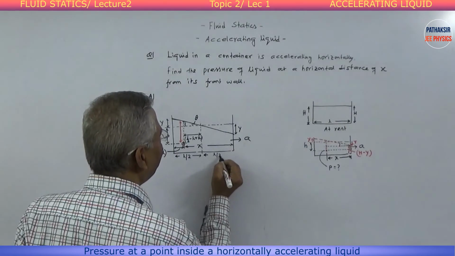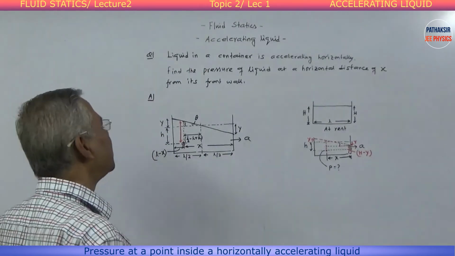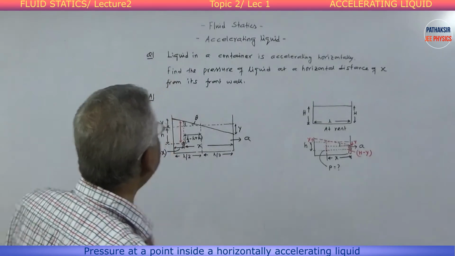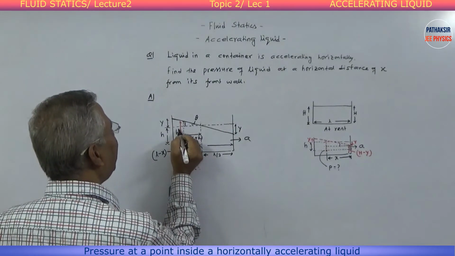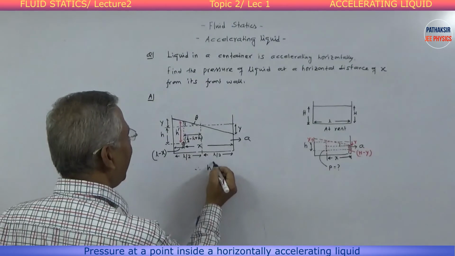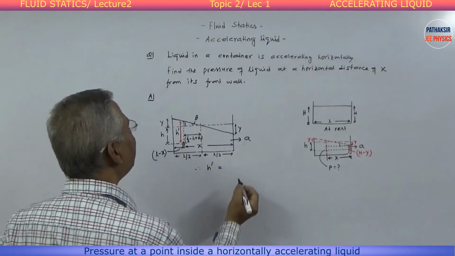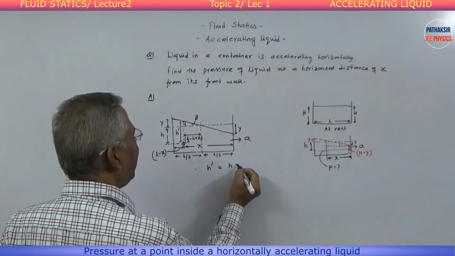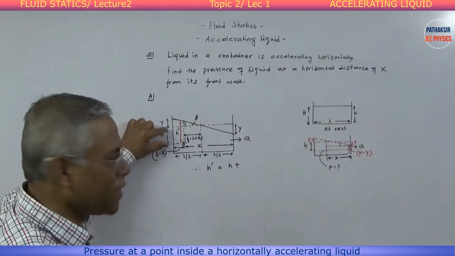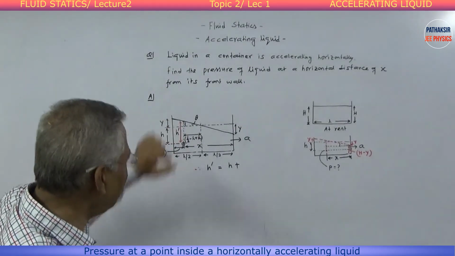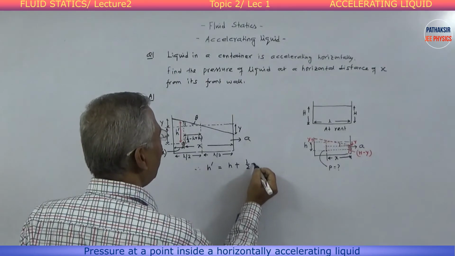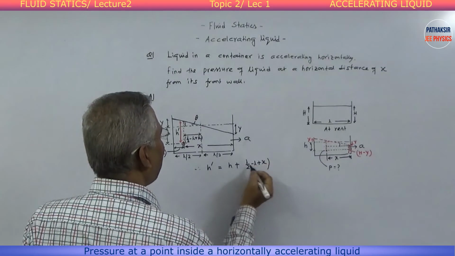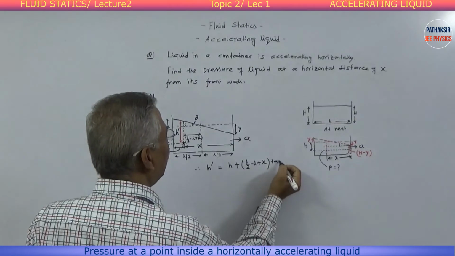So for the corresponding angle, what is the height above this? Let this height be h dash. h dash equals h, this much, plus this small part, which is (L by 2 minus L plus x) into tan theta.